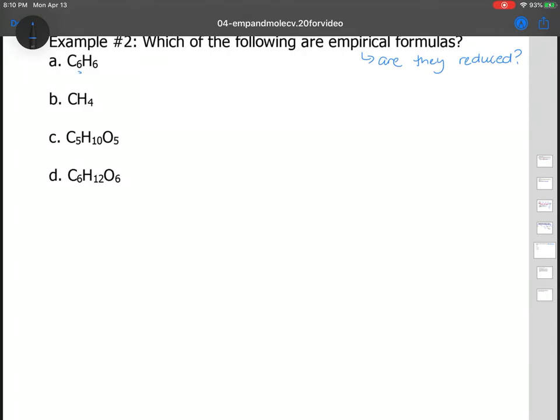So and again, what you do to one, you have to do to them all. So can you divide this number and this number by the same thing? Yes, you can. You can divide by 6. So the empirical formula would be C1H1. So no, that is not an empirical formula.